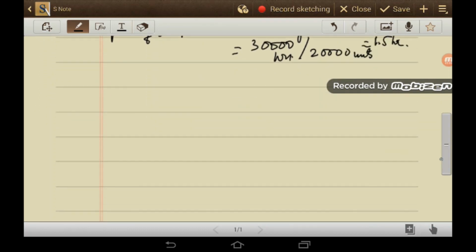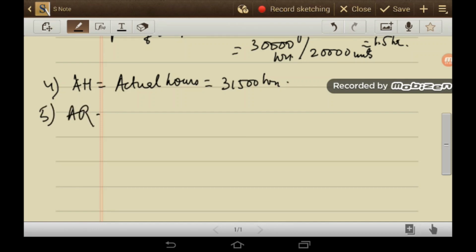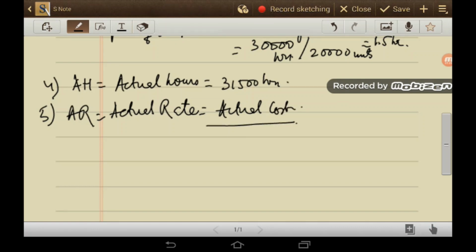What is the fourth one? This is your actual hour, which is given. So actual hours is 31,500 hours, and actual rate is actual cost by actual hours. In my previous video I have told you that you need not find out the actual rate if you can avoid it, because we are more concerned with the actual cost.